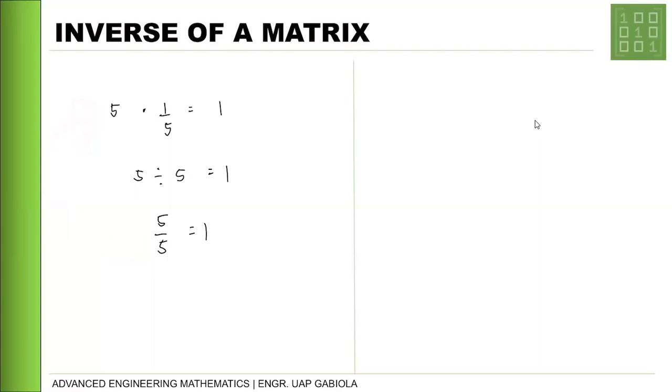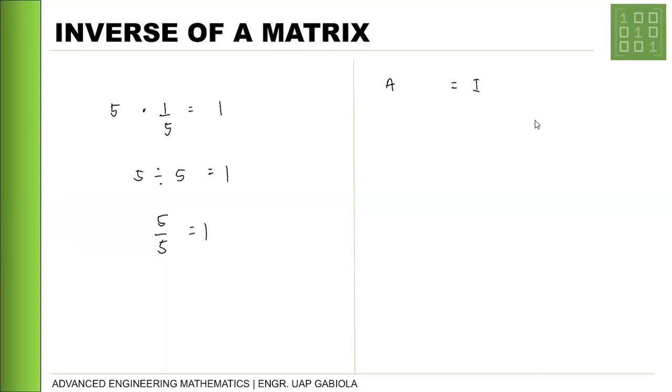Okay? And then kung halimbawa, i-apply natin siya doon sa current discussion natin, which is yung matrix natin. Let's say we have a matrix A. Then we want to get yung equivalent value niya in unity or 1. Di ba sa matrix, na-discuss natin before na ang equivalent na matrix ng 1 na number o yung unity, tinatawag natin identity matrix.